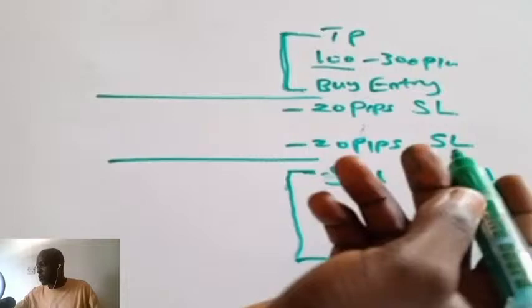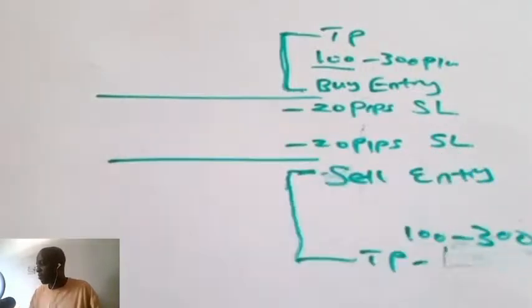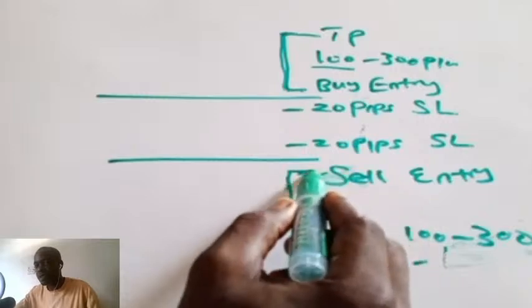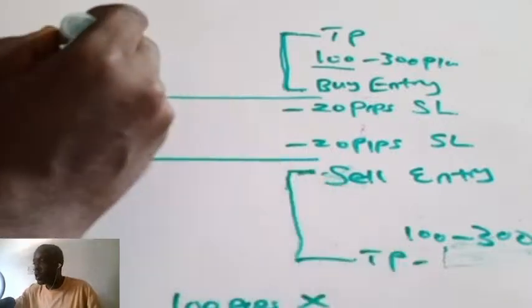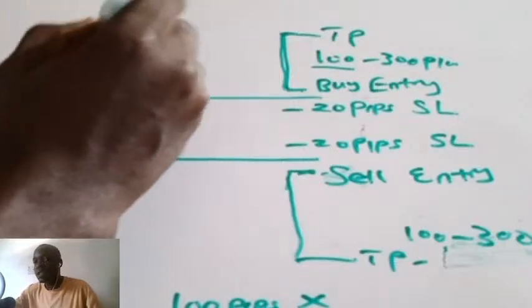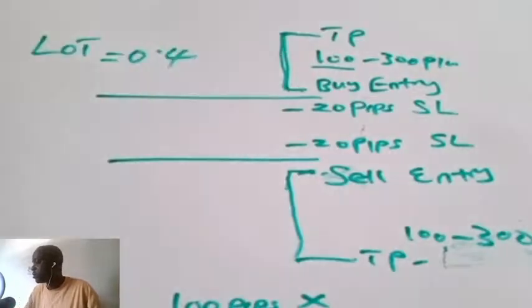So when you enter the market around this point, the sell entry, and the market moves 100 pips, don't forget that your lot size for this is 0.4. When you multiply it by 0.4, your profit will be $40.